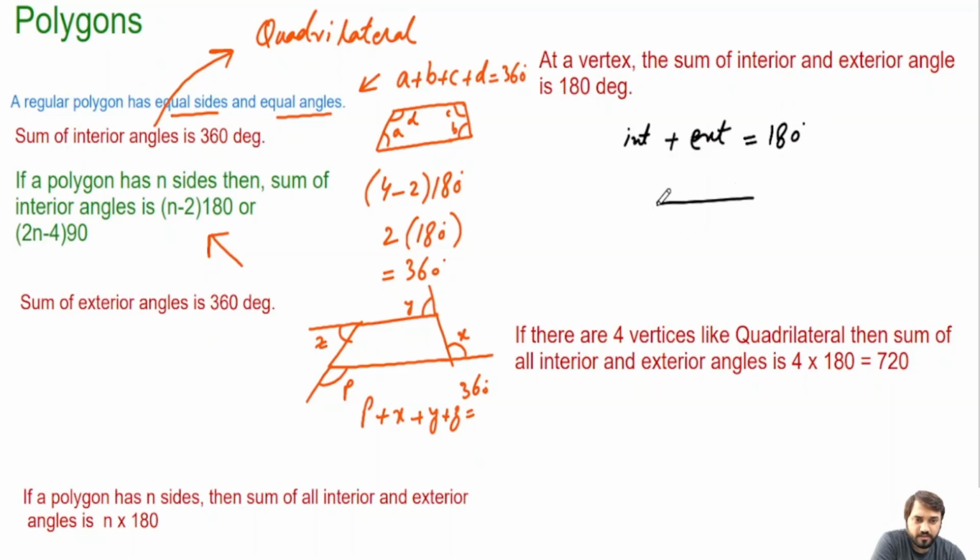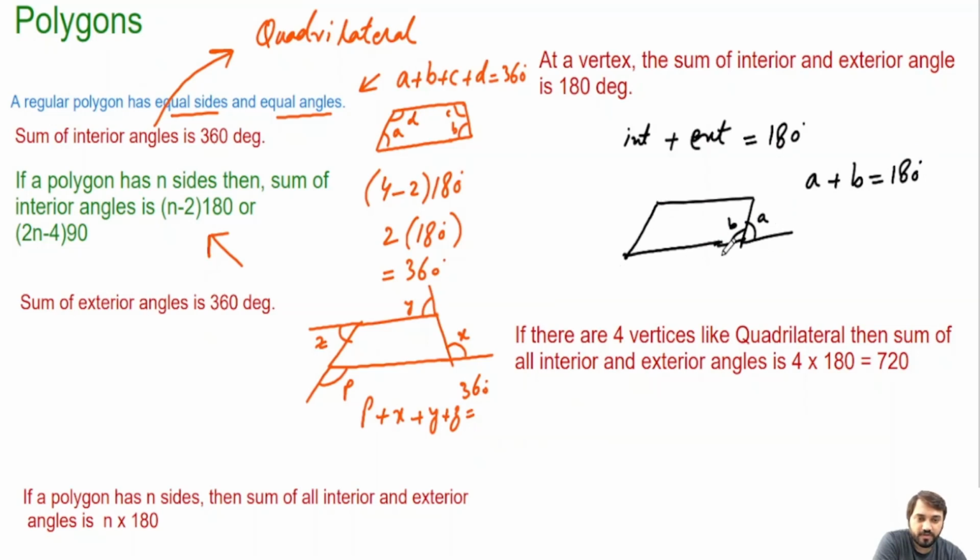If we have a quadrilateral, then this is an exterior angle A, and the interior angle B. So exterior plus interior, or interior plus exterior, would be equal to 180 degrees. How many vertices does a quadrilateral have?